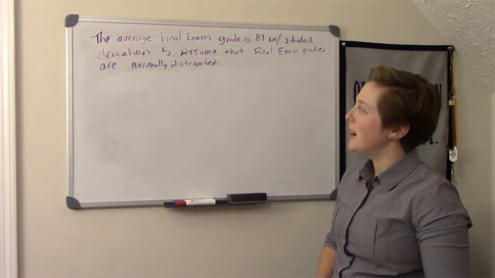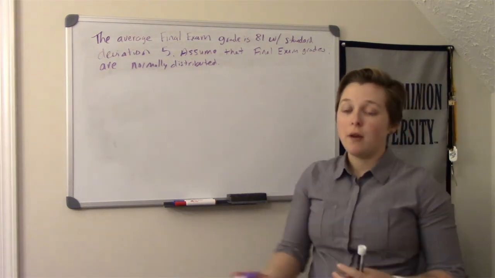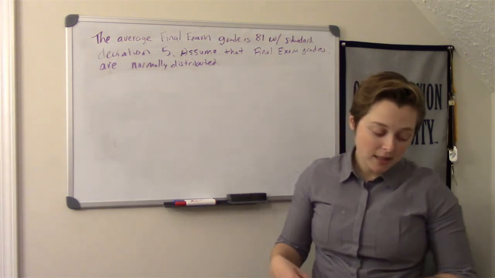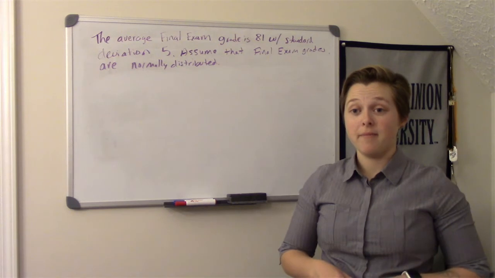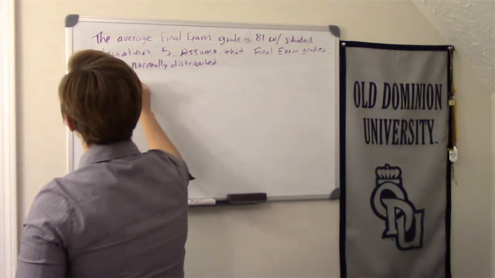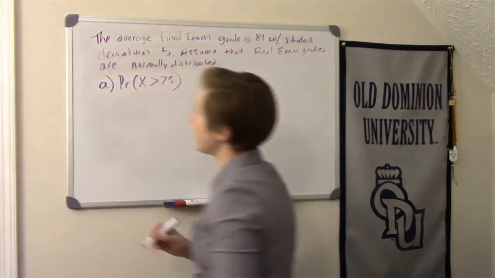The first question I want to ask is, how would you find the probability that a randomly selected student scores more than 75?